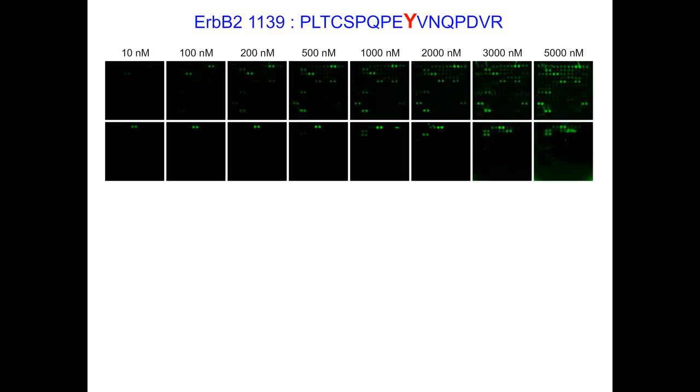And when we incubated our slide with phosphopeptides that were derived from the growth factor receptor, we could start to see that there were different proteins on the slide that bound with different affinities to the peptide that was incubated.